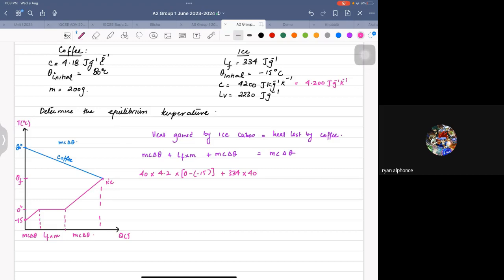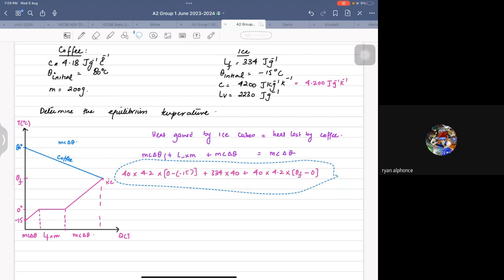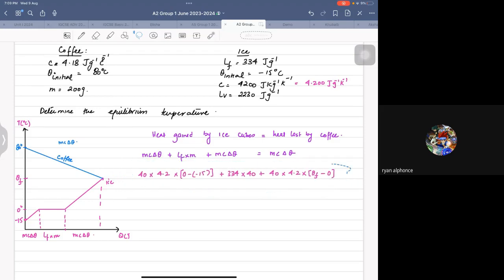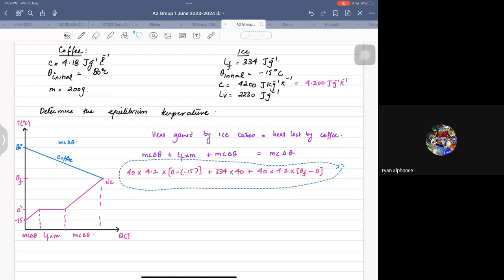The two ice cubes, that's why. Plus, then we got mass, which is 40. Heat capacity is the same, 4.2. And then the change in temperature is where it goes to theta f minus 0. That's the change, right? So this is what is happening to ice.